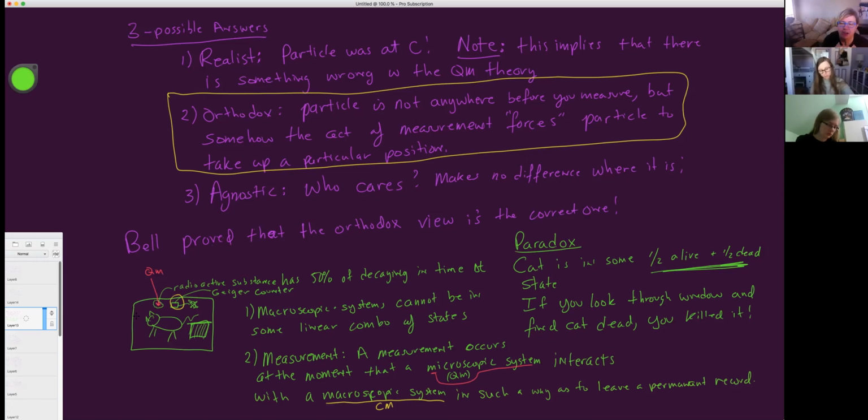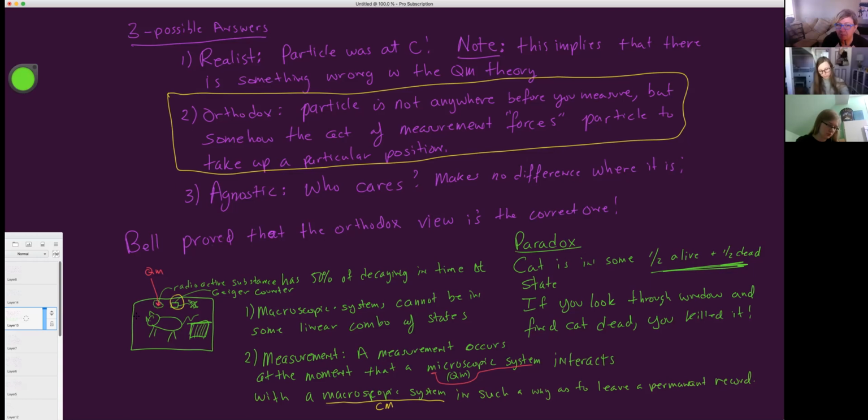Yeah. So if you go, you'll see Neil deGrasse Tyson talk about it, and you'll see all kinds of people talk about it as if it was still a paradox. Let's just say, it's not. Once the idea of measurement in a quantum system was understood, then it's not really a paradox anymore.